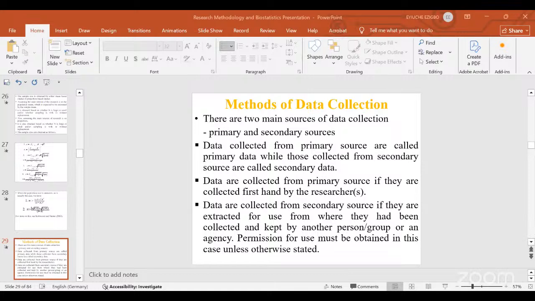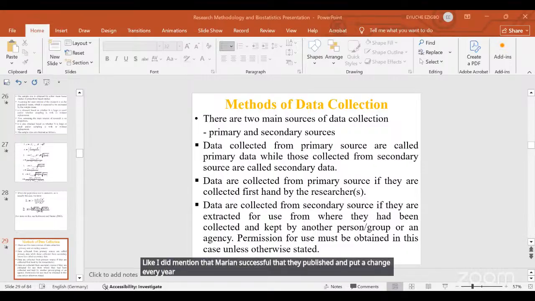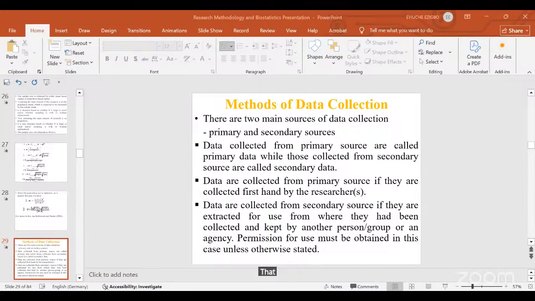There are various sources from where I can collect data. If I have already existing data somewhere, like I did mention the Nigerian Bureau of Statistics, they publish bulletins every year, and those bulletins touch almost every aspect of human existence in Nigeria.